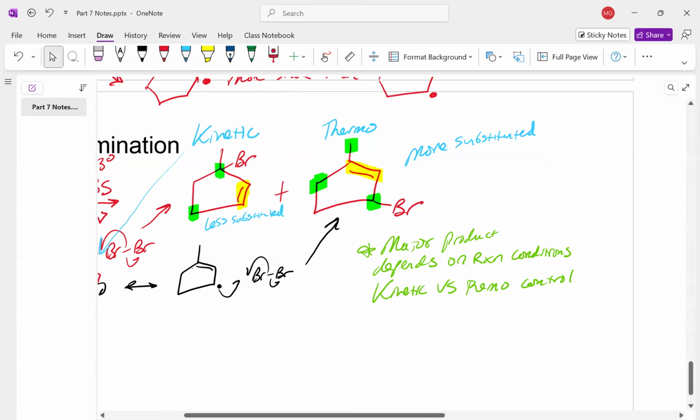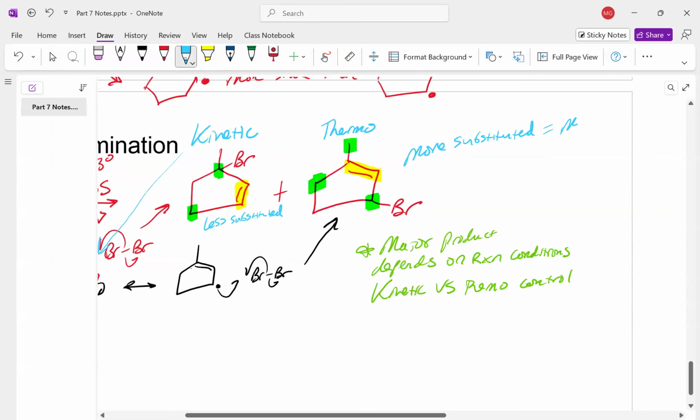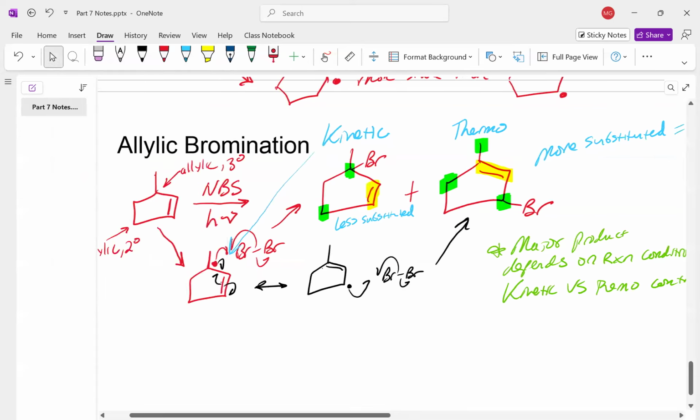The more substituted alkene is the more stable alkene. So unless we know the temperature conditions, we can't really predict which product is going to be more of. You should, though, be able to determine the kinetic product and the thermodynamic product through this method.